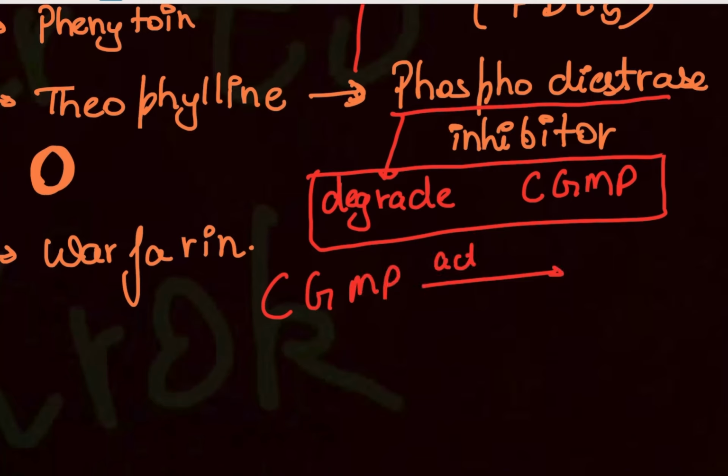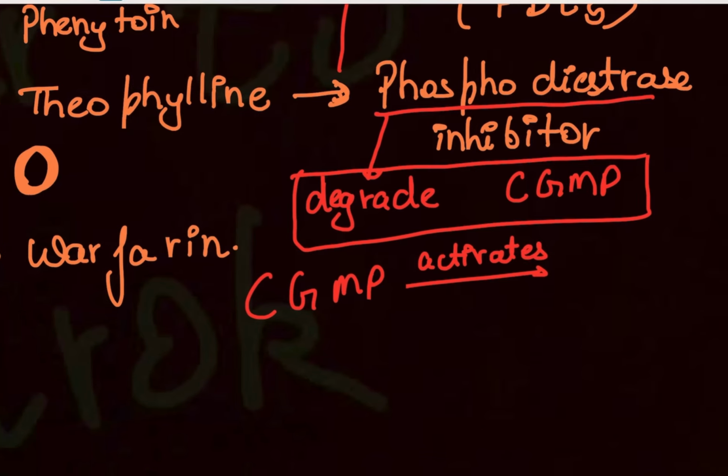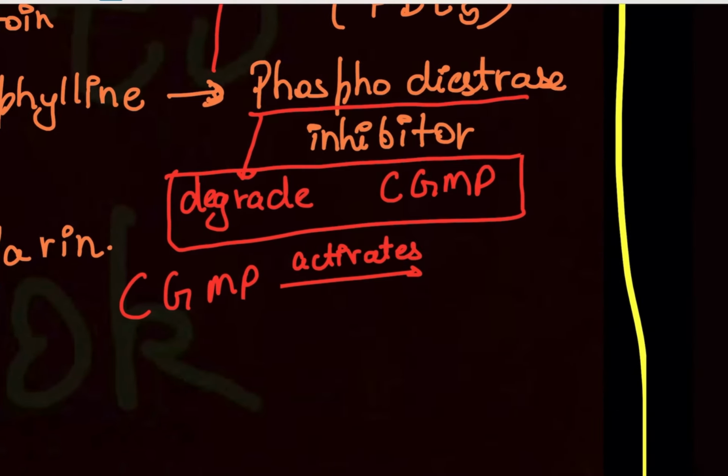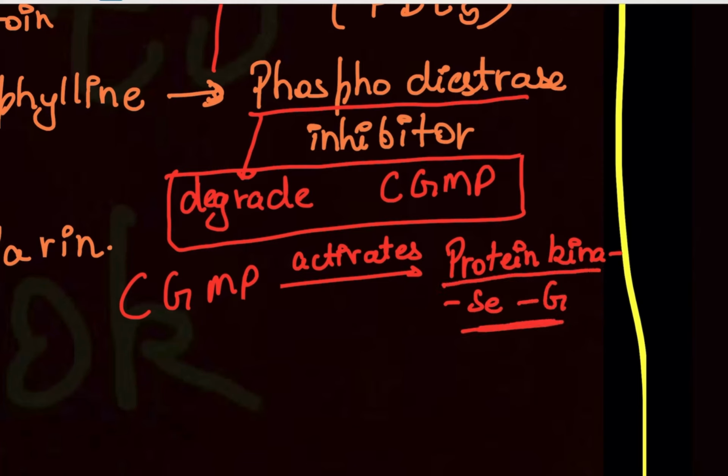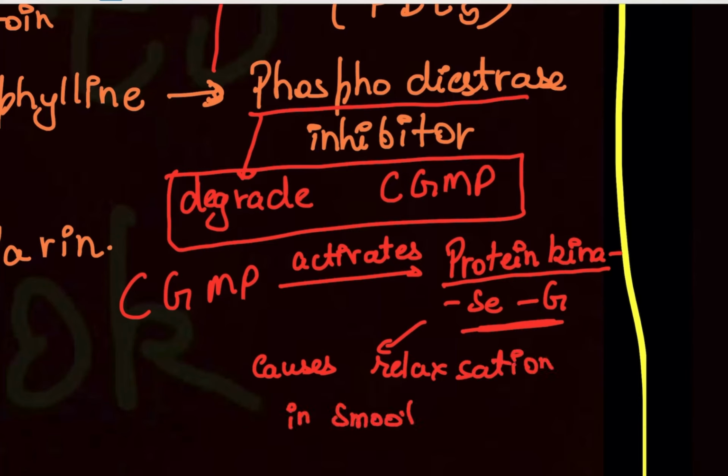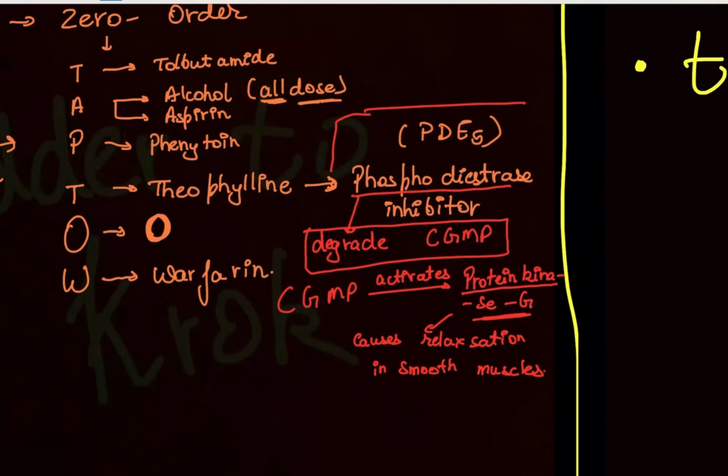It activates protein kinase G. What is the function of protein kinase G? It causes relaxation in smooth muscles. So cGMP activates protein kinase G, and that causes relaxation in smooth muscles. And cGMP is degraded by phosphodiesterase.